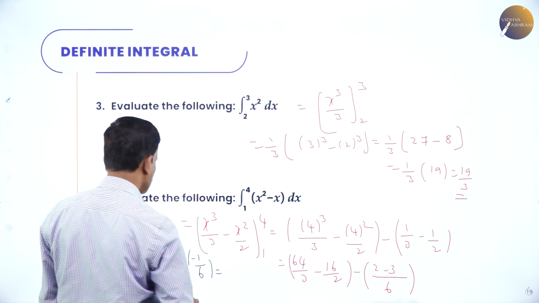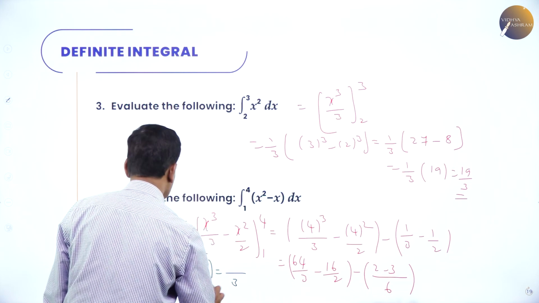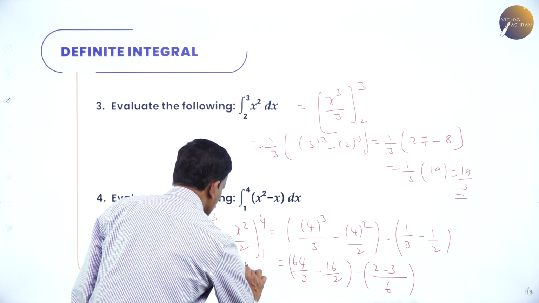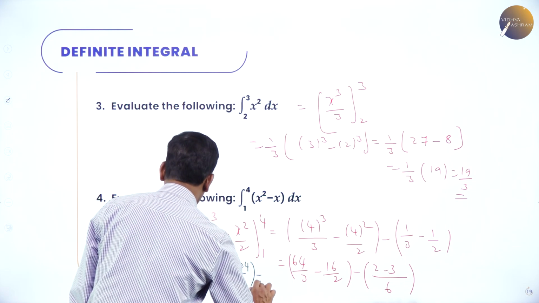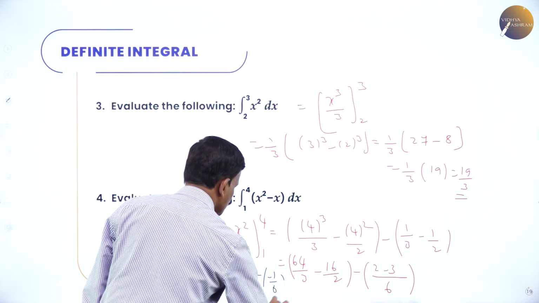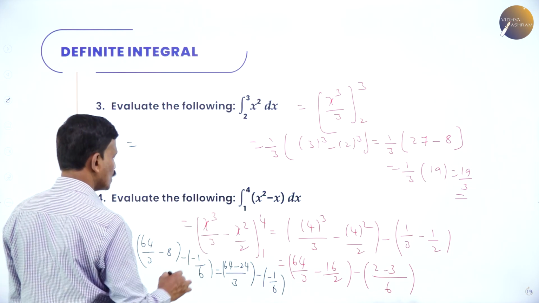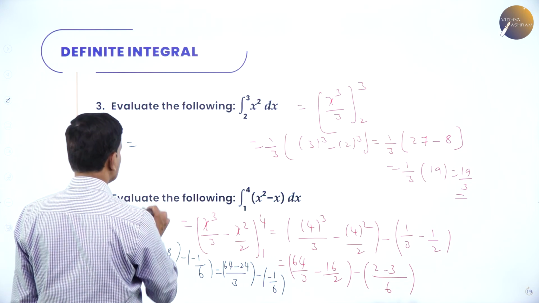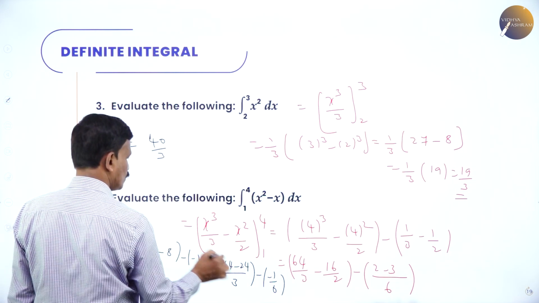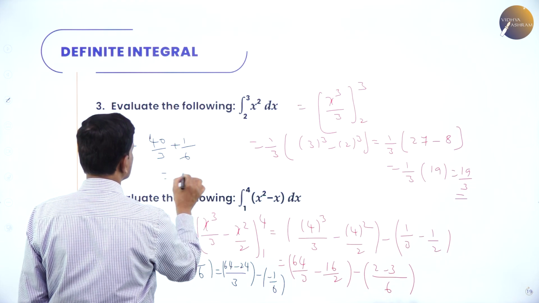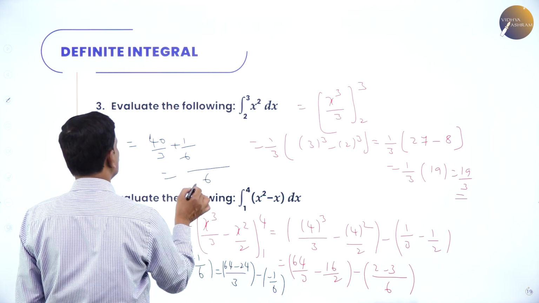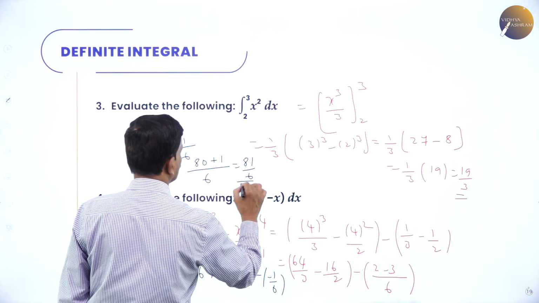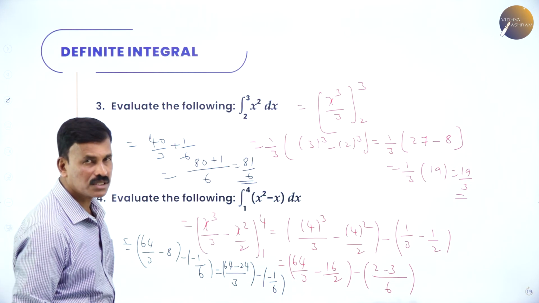So, this is equal to, take LCM, 3 is the LCM, 64 minus 8 3s is 24, then minus of minus 1 by 6. So, this is equal to 64 minus 24, which is 40, 40 by 3 plus 1 by 6. Take LCM, 6 is the LCM, 40 2s are 80 plus 1, that's equal to 81 by 6 as the simplified answer. That's it.